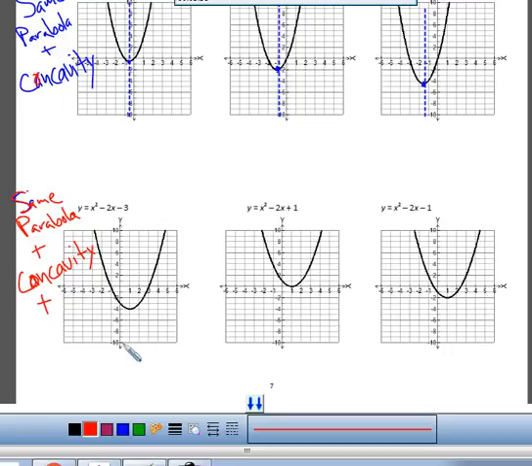However, I'm not sure if you noticed, but all three of these have the same axis of symmetry. And that axis of symmetry is the line x equals 1 for all three of these.